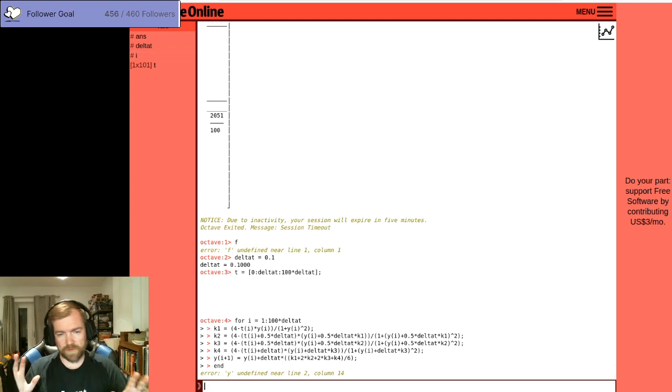So all of this is undefined at the moment. That's fine. We need y is zeros 1 by 100 times delta t. There's no e in zeros according to this. We have to find zeros.